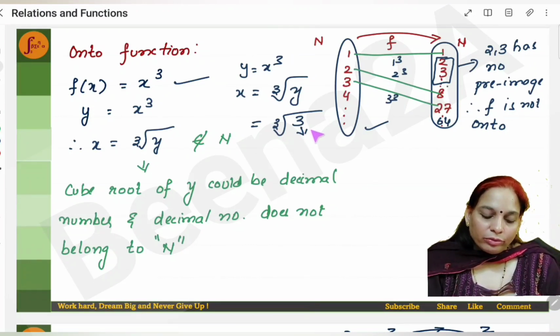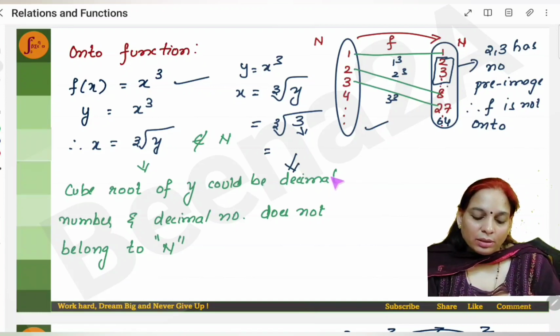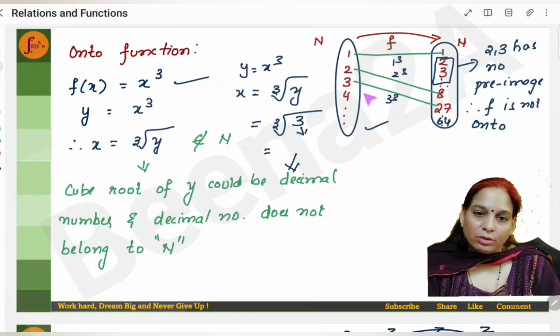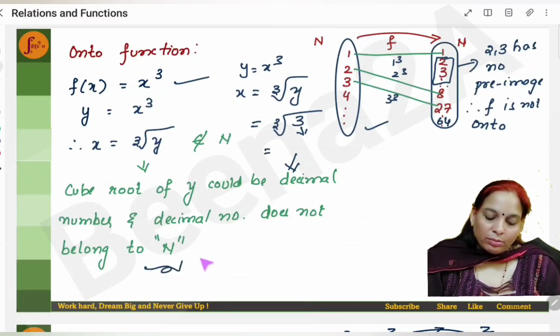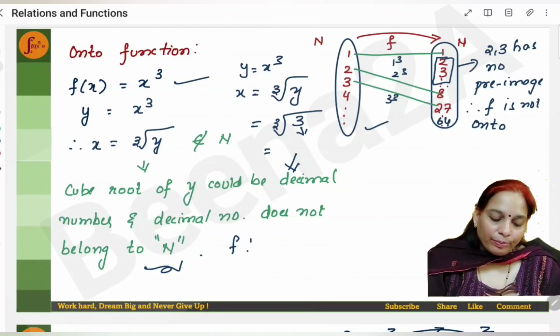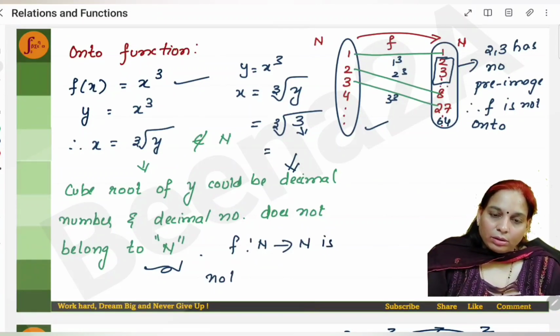If I take cube root of 3, I will get a decimal number. And decimal numbers don't belong to this set of natural numbers. So cube root of y could be a decimal number, and a decimal number does not belong to natural numbers. Therefore, the function from N to N is not onto.